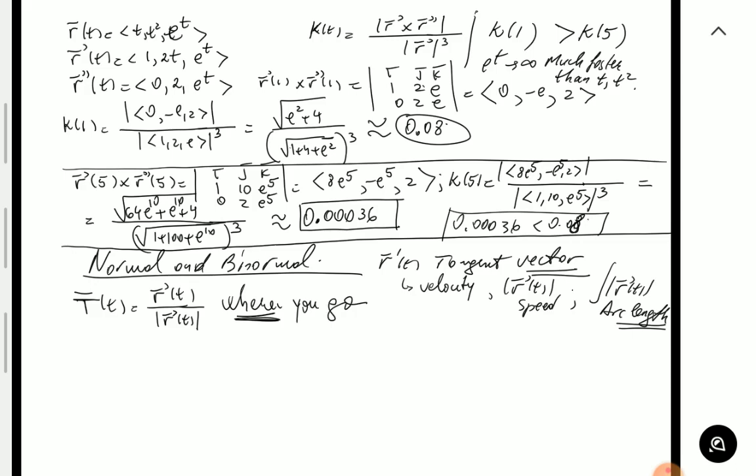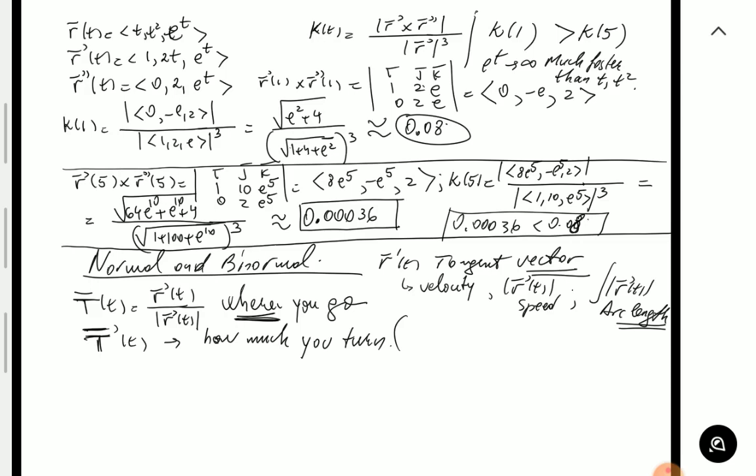Now, also related to this, we have the derivative of the tangent vector. It tells you how much you turn, or the rate of change of this. Now, when I say how much you turn, notice that as a vector, that's not a unit vector.